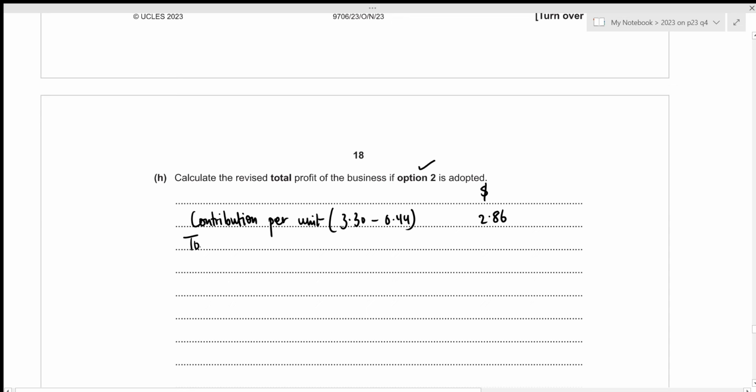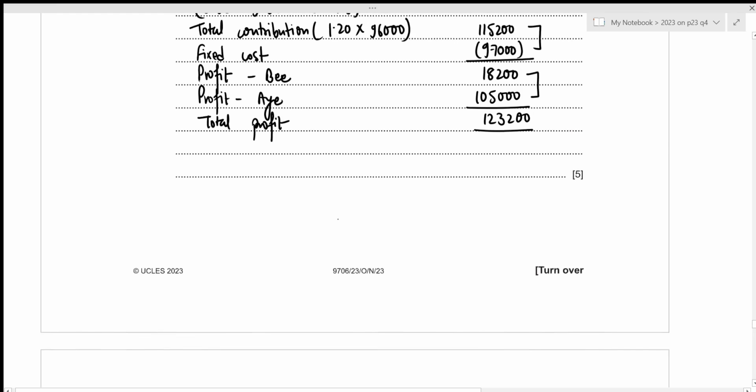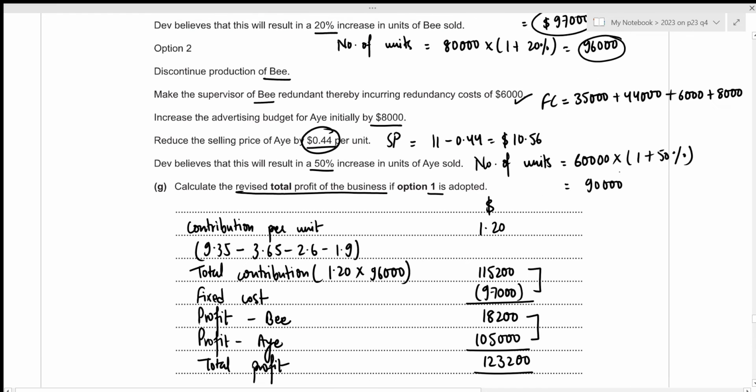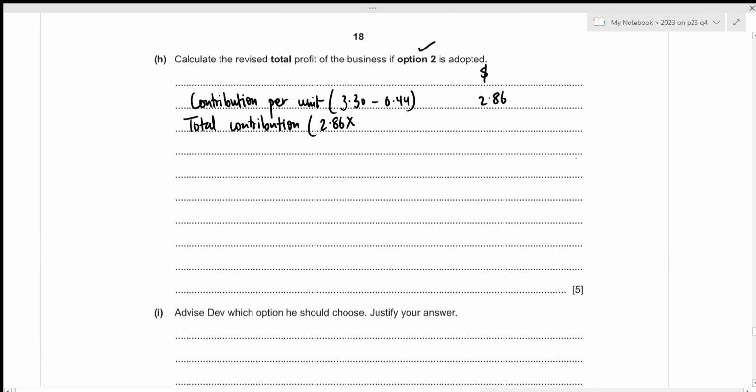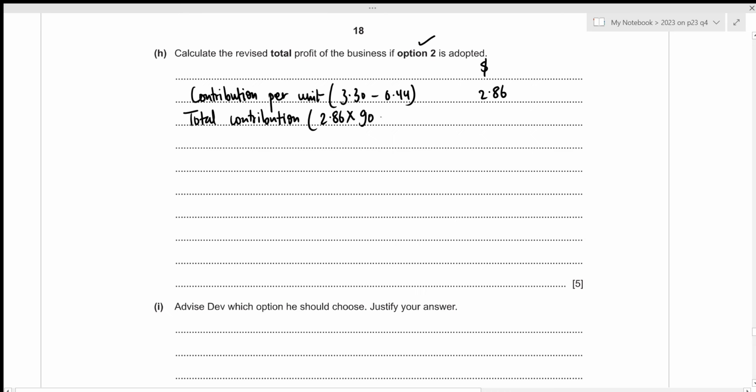Now we can calculate the total contribution. That will be the contribution per unit of 2.86 multiplied by the number of units, which we calculated to be 90,000. This gives the total contribution to be 257,400. Then we need to subtract our fixed cost.